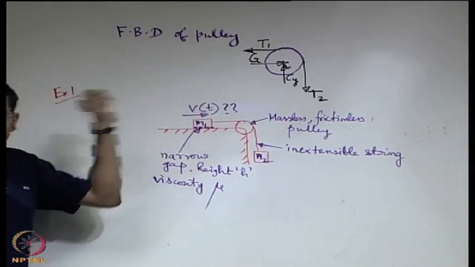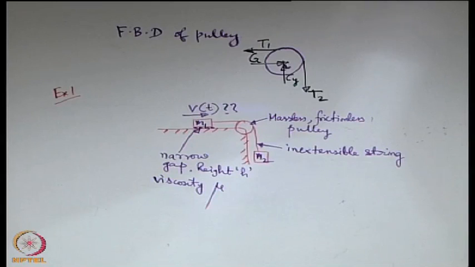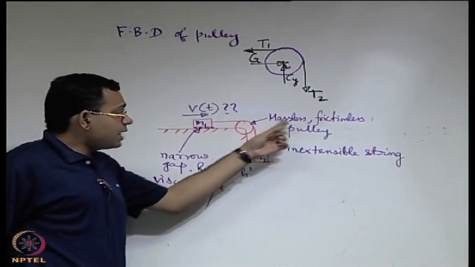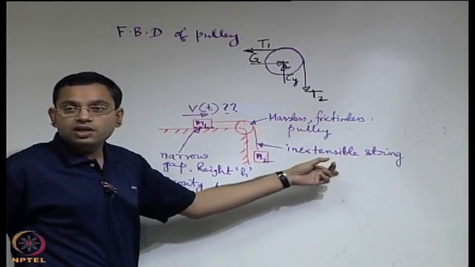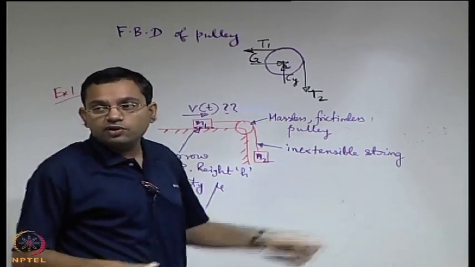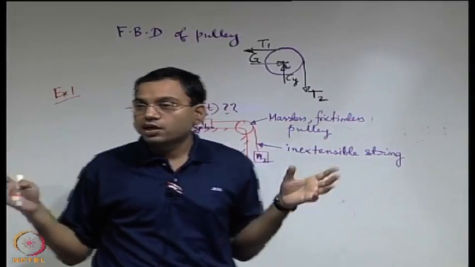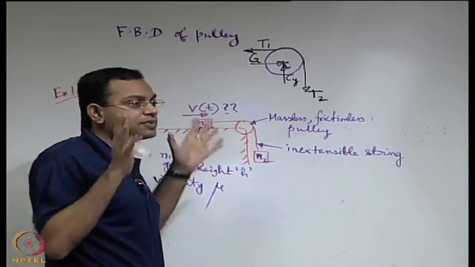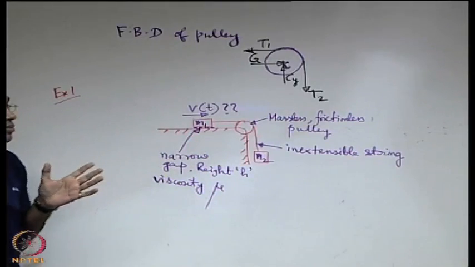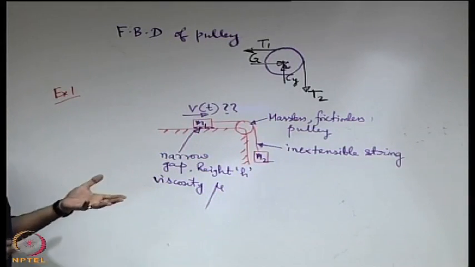So, whether the effect of mass is significant or not, how will we understand? These types of statements are very important, like massless, frictionless, inextensible and so on. Most of the times you think that these are for beautification of the problem statements, and at the end you come up with a conclusion which sort of abstracts you from the path by which you have come to the conclusion.